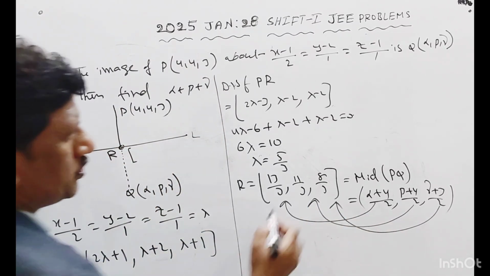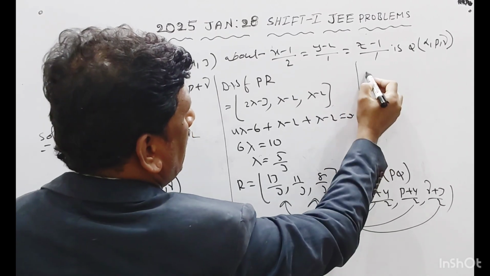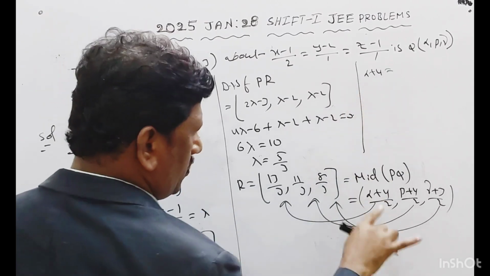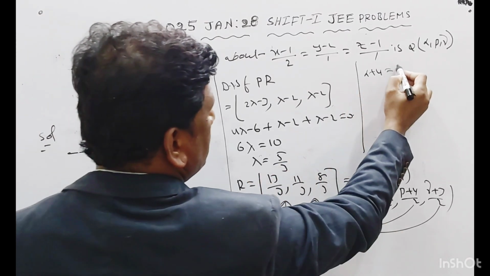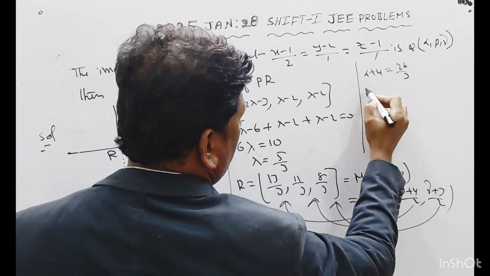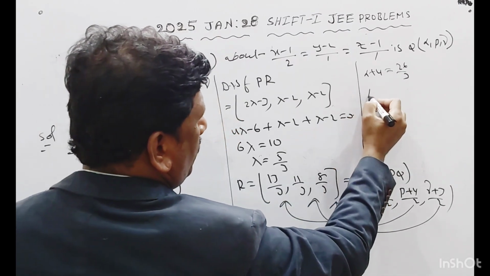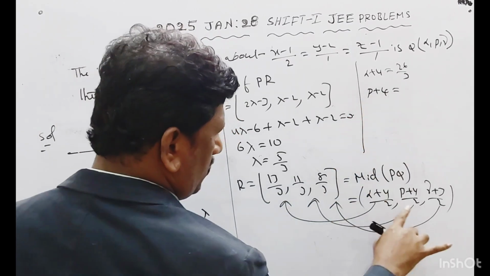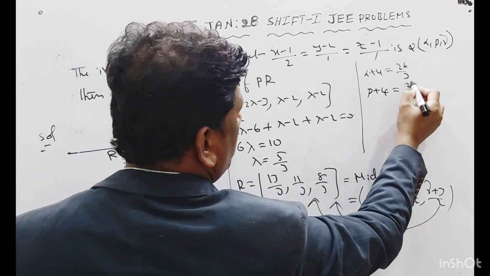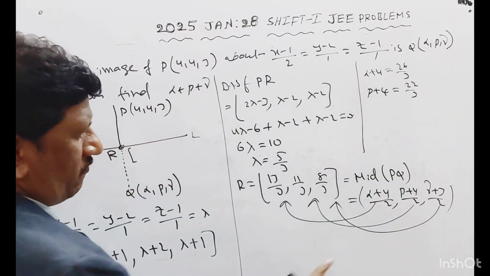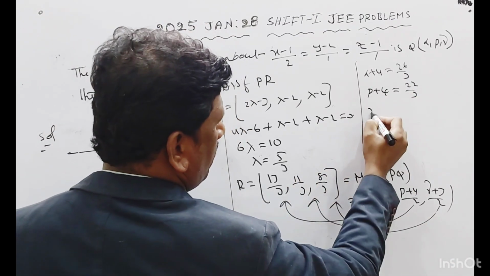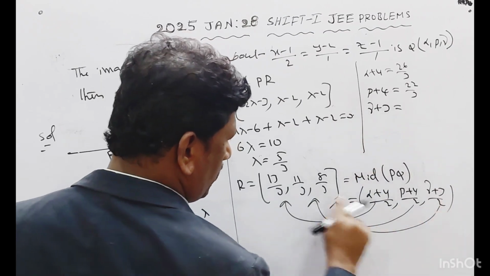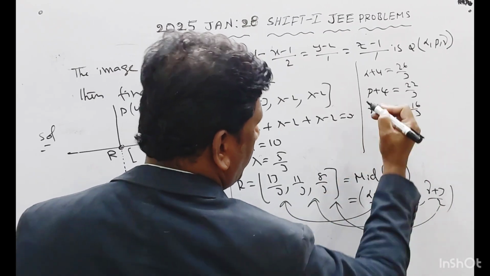Equate those values, so you will get alpha plus 4 is equal to 26 by 3. After that, beta plus 4 is equal to 22 by 3. When we equate these, gamma plus 3 is equal to 16 by 3.